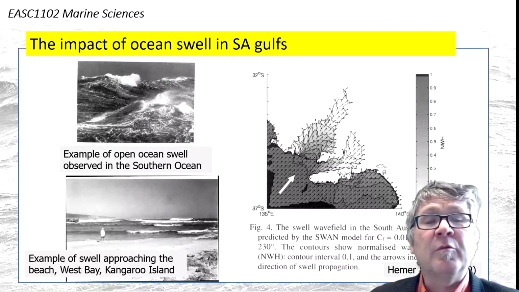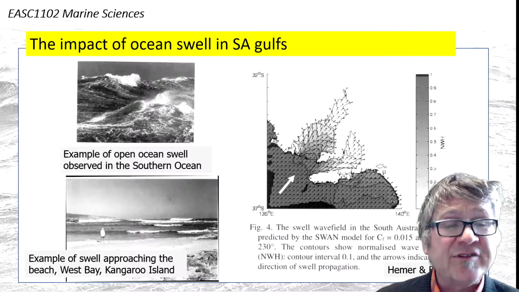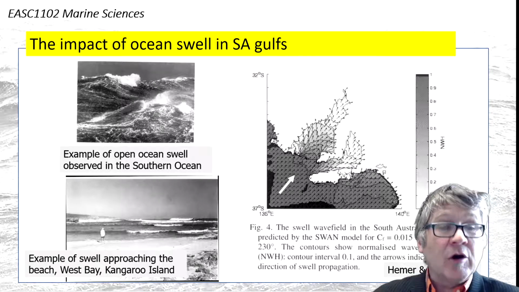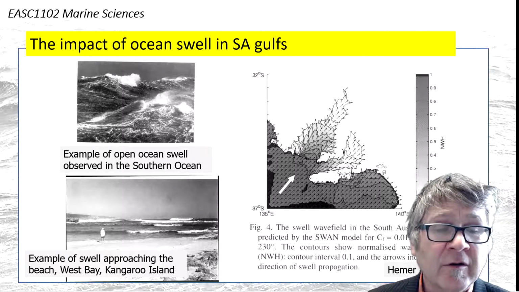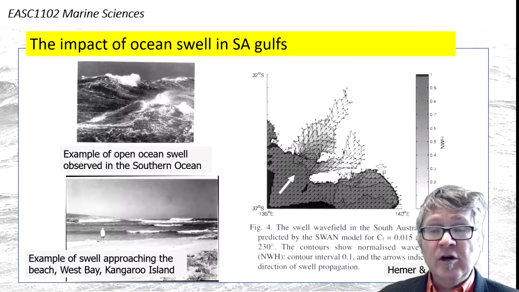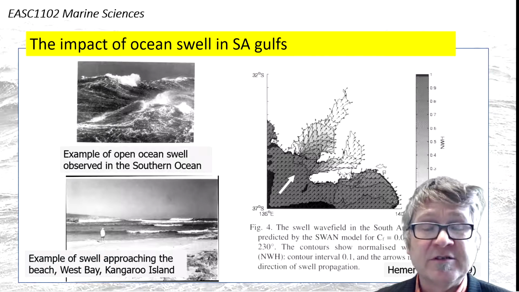So what happens now with the swell? And if you look at the orientation or the geography of the South Australian Gulf, you probably can guess that you only get influences of swell if the swell comes from a certain direction.